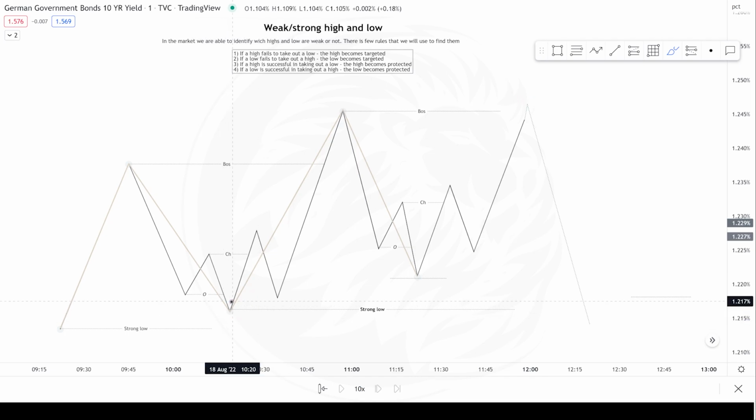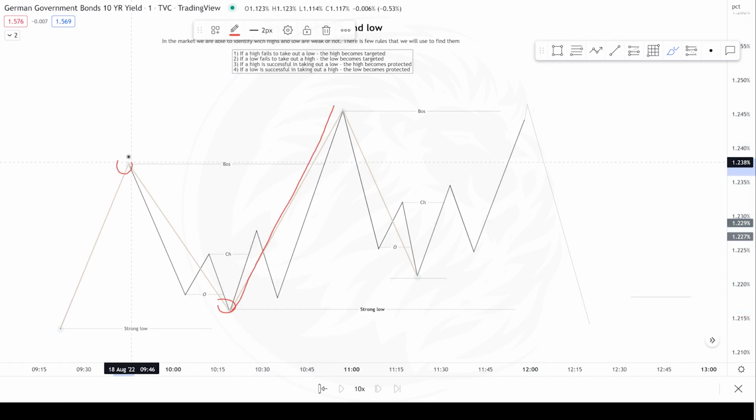And fourth, if a low is successful in taking out a high, the low becomes protected. So here is the example. So if a low is successful in taking out a high, the low becomes protected.